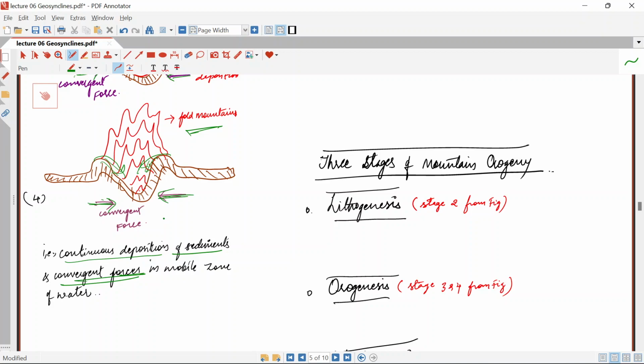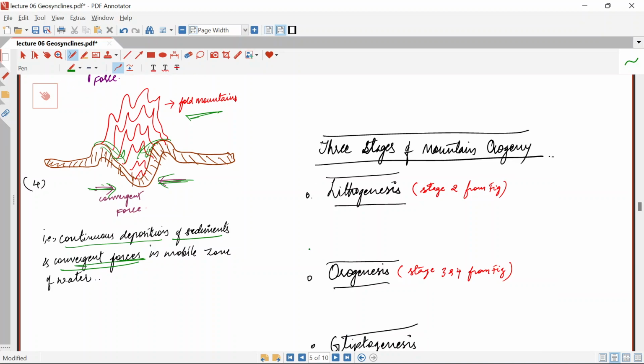This is what Kober explained, and he also said the entire process of mountain building passes through three stages. Basically it has three stages.